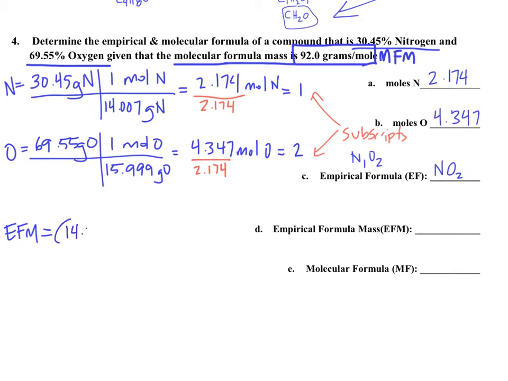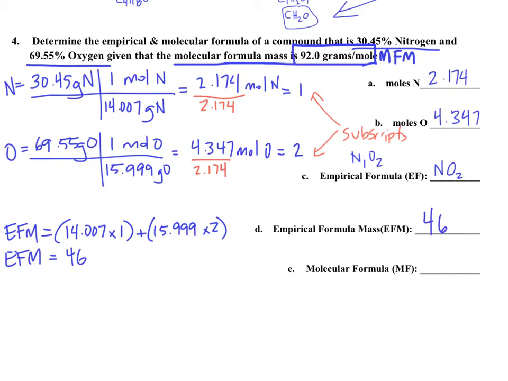So the mass of 1 nitrogen, 14.007 times 1, plus O2, so the mass of oxygen, 15.999 times 2 oxygens. If you type that into your calculator, if you're going to do it all in one step, use parentheses. But you should get approximately 46. Okay, now I'll go ahead and write that in the data table.